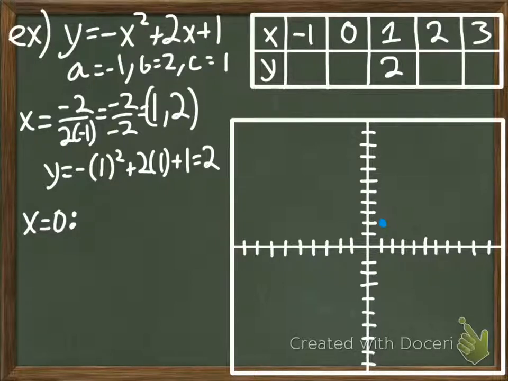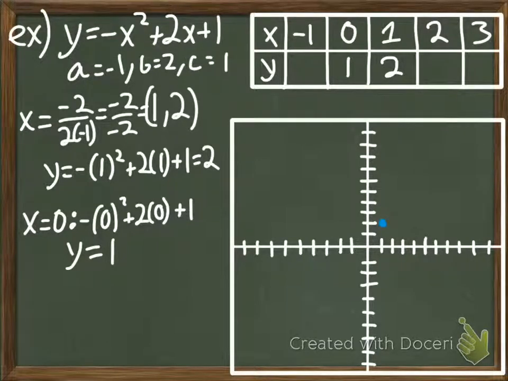So x equals 0. So we're going to have negative 0 squared plus 2 times 0 plus 1, and we figure out here that our y is going to equal 1, which means that at 2 it's also going to be 1.